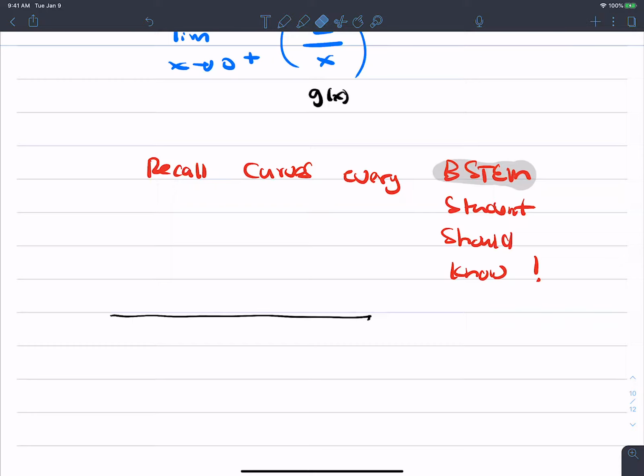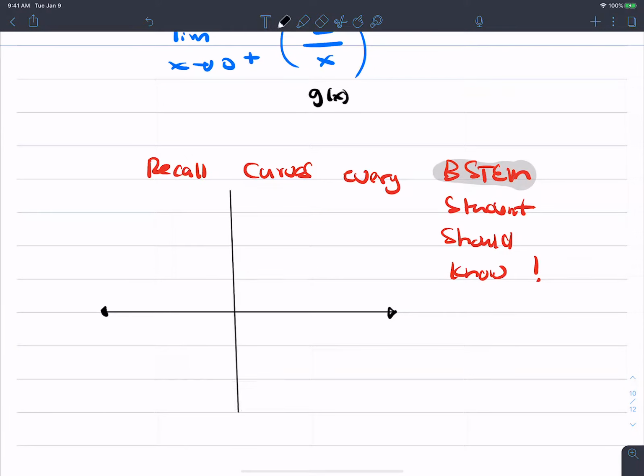Let me bring back the information. Here's my function.